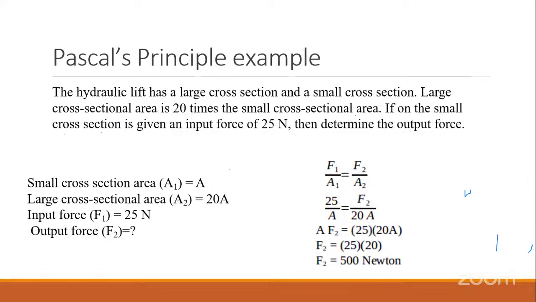So here is an example. The hydraulic lift has a large cross-section and a small cross-section. The large cross-sectional area is 20 times the small cross-sectional area. If the small cross-section is given an input force of 25 Newton, determine the output force. So remember that P1 is equal to P2.